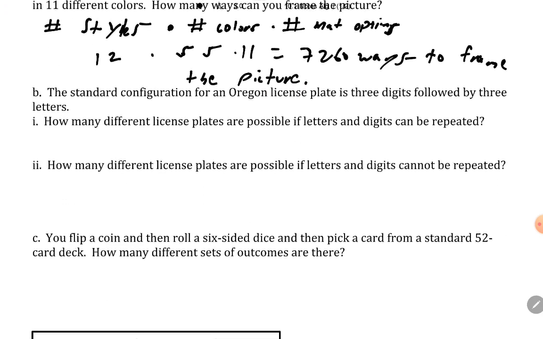Let's look at license plates. The standard configuration for an Oregon license plate is 3 digits followed by 3 letters. How many different license plates are possible if letters and digits can be repeated? So we have 3 numbers and 3 letters.